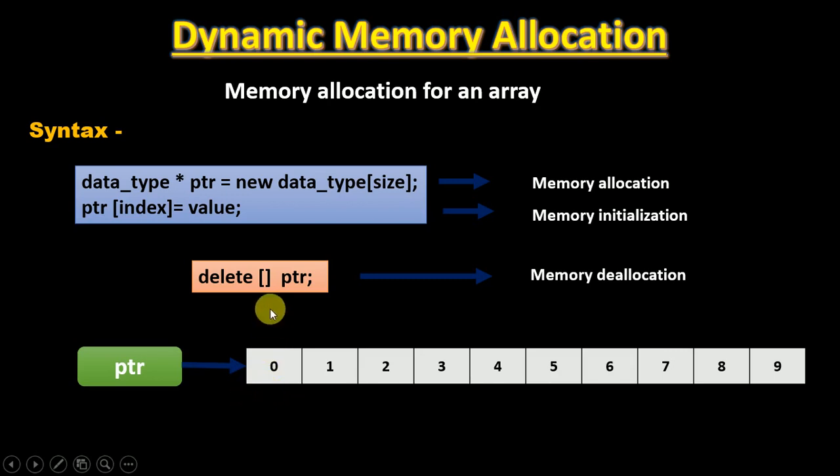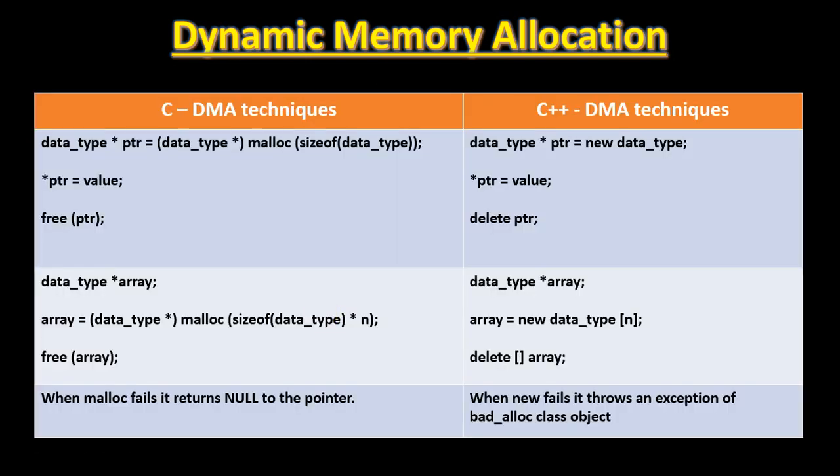Now without the subscript operator, if I say delete ptr, then only the first location will be freed from memory, and the rest of the things will still be in the memory. So memory leakage will happen here. Okay. So whenever you are freeing the memory for a pointer to an array, make sure that you are using the subscript operator.